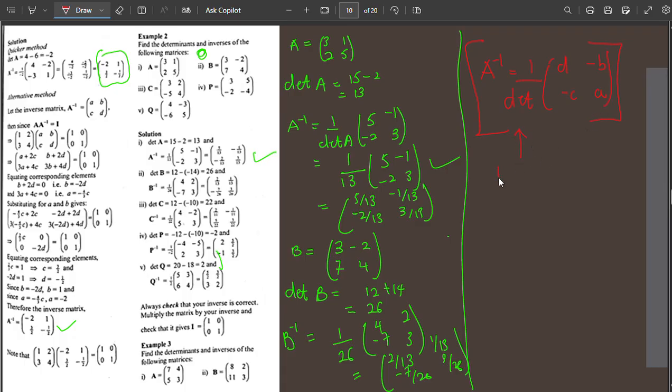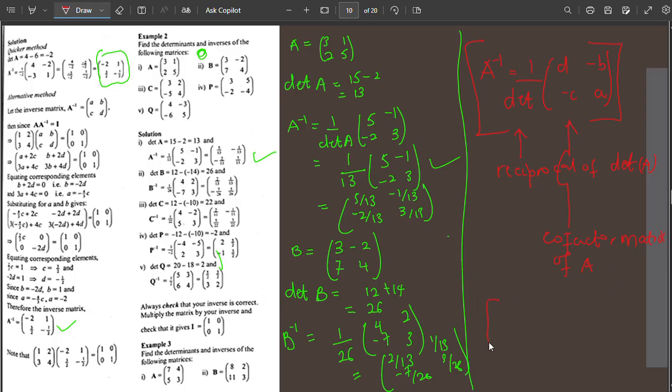This is the reciprocal of the determinant of A, and then this right here is the cofactor matrix of A. It's so simple. You just have to know the formula.